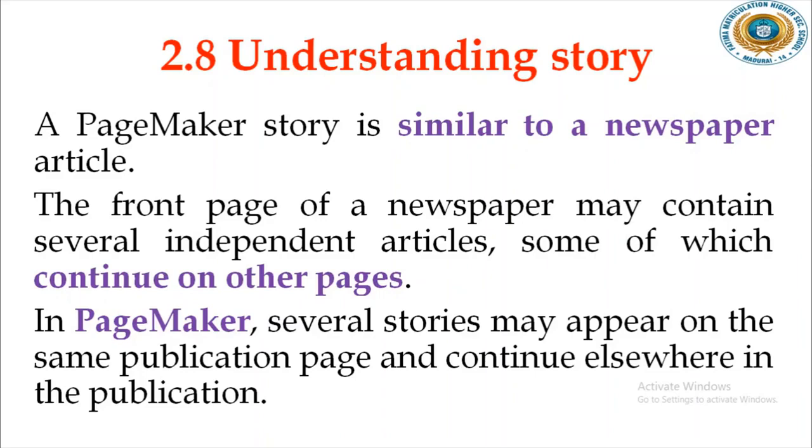In the same newspaper style, we can also create the continuation story in PageMaker. The front page of the newspaper may contain several independent articles, some of which continue on other pages. In the same way, several stories may appear on the same publication page and continue elsewhere in the publication.